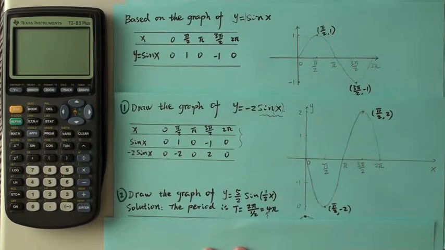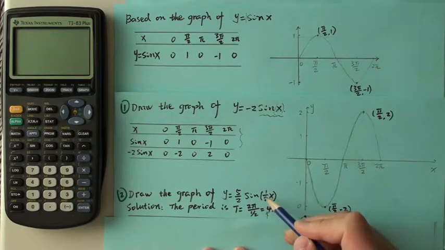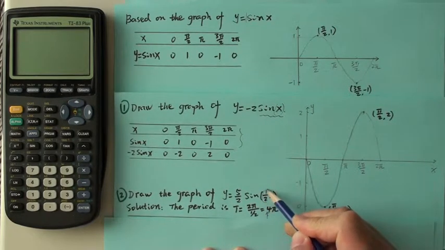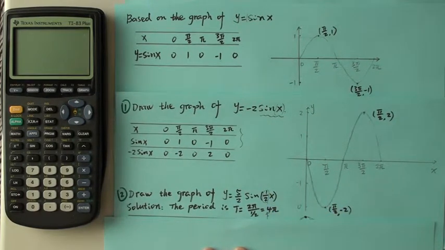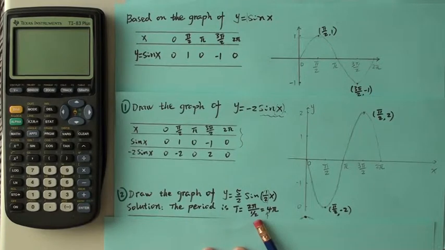And then, the first thing we want to be clear is that the period is changed. Because of what? Because of this 1/2. Again, you always use the coefficient as a denominator.